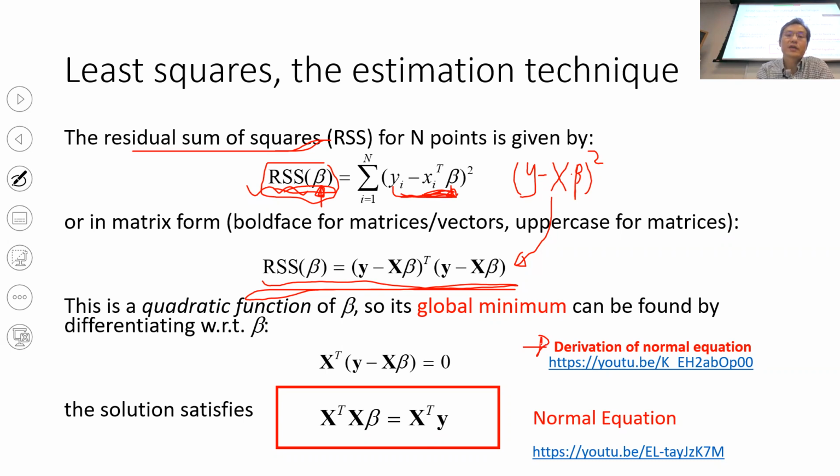So if you want this to be minimized, you can have this relationship, and the beta will be (X transpose X) inverse times X transpose y. Okay, so this is called the normal equation. So using this relationship, you will get the estimation of beta as a function of x and y in this way.